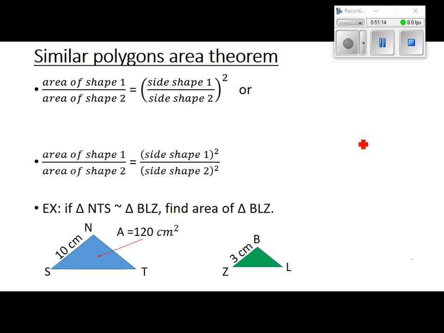To do this example, it says triangle NTS is similar to triangle BLZ, and we want to find the area of triangle BLZ. All you're going to do is set up a proportion. A lot of the stuff that we're going to do over the next week or so.